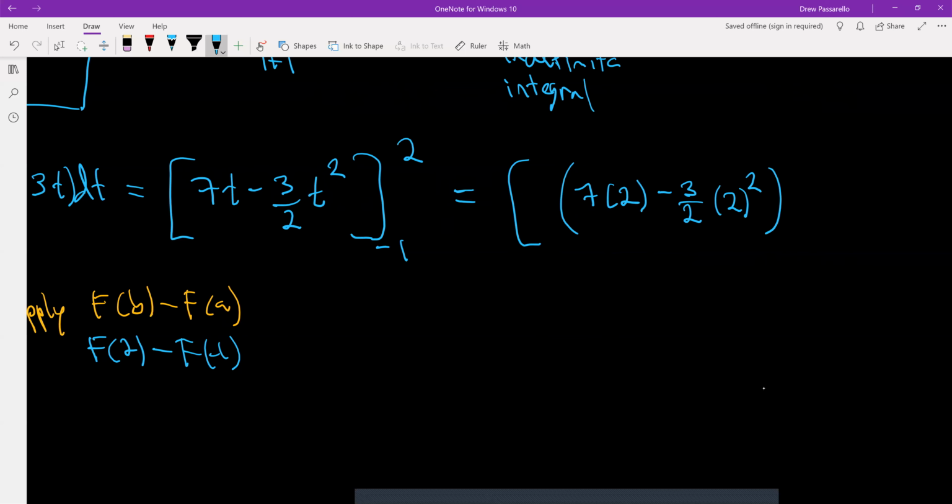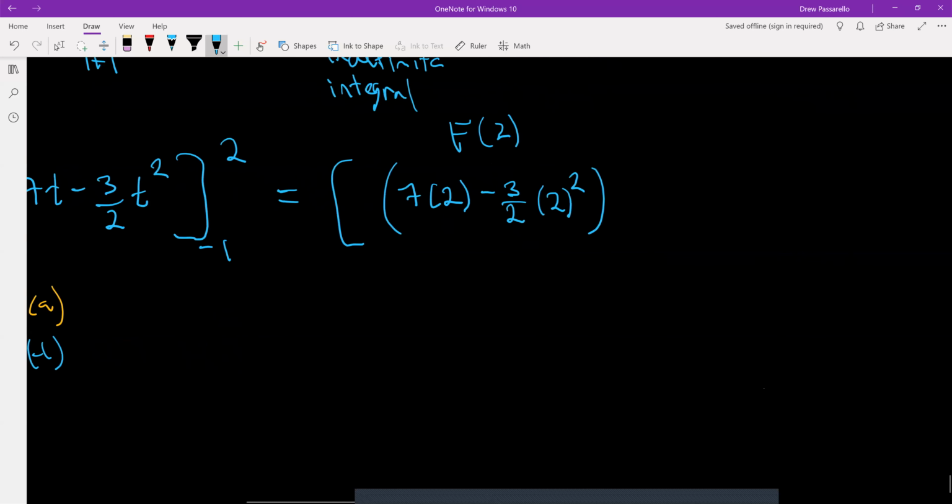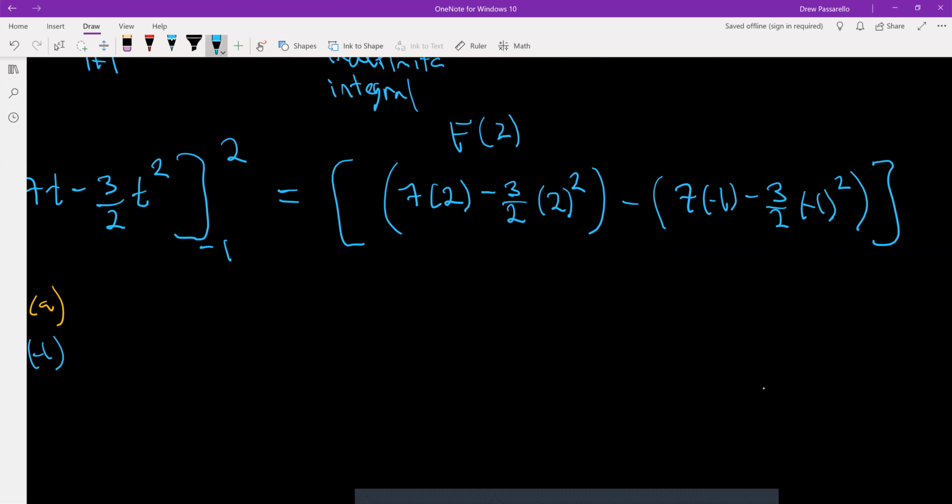All right, that's the F of 2 part. And then I subtract out, so then I subtract F of -1. So I just plug -1 in for t. Okay, so that's the F of -1 part. And then you just simplify it.